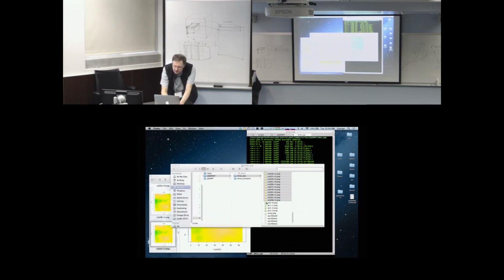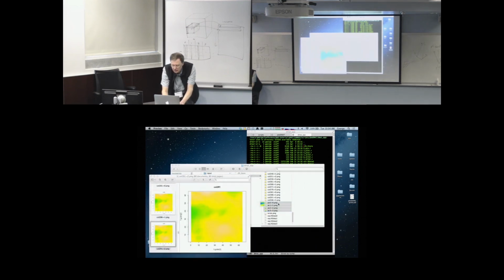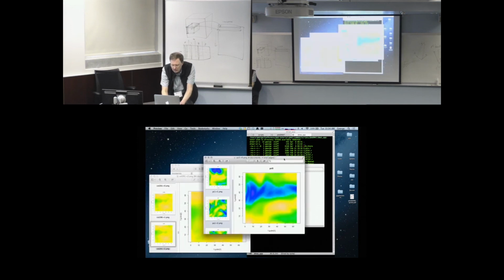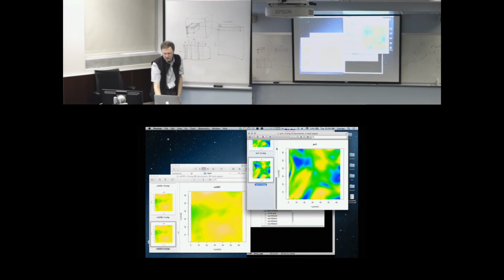And so the other script did the principal components, plotted the singular vectors, the right singular vectors. I guess these are really not movies.